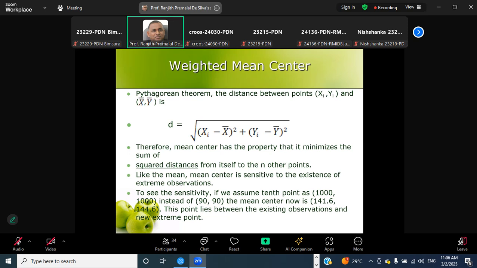So the x distance is x1 minus x bar squared, x2 minus x bar squared, up to xn minus x bar squared. Same with the y. So this satisfies the square distance. The mean center has the property that it minimizes the sum of square distances from itself to the n other points.